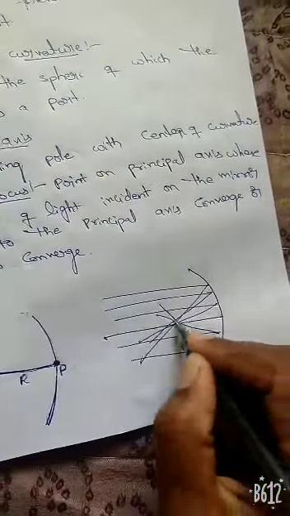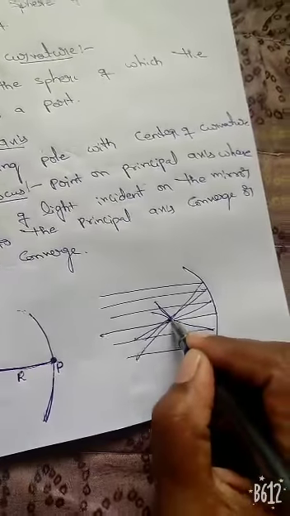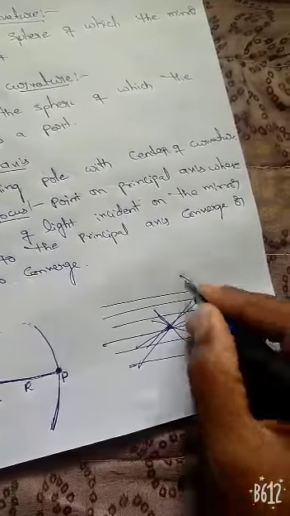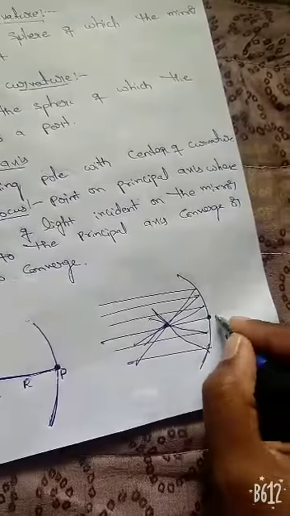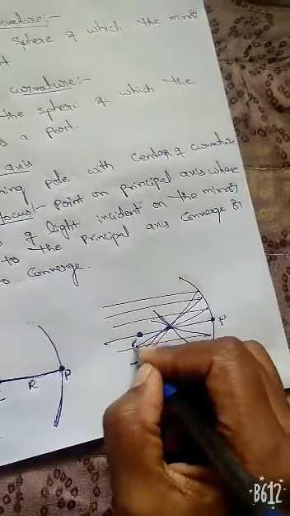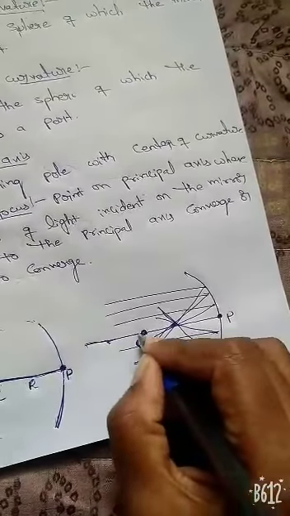We call it a converging mirror. They are meeting at a point. So as we have discussed till now, in this case, the midpoint of the reflecting surface is a pole, and this is the center of curvature, and this is a principal axis.